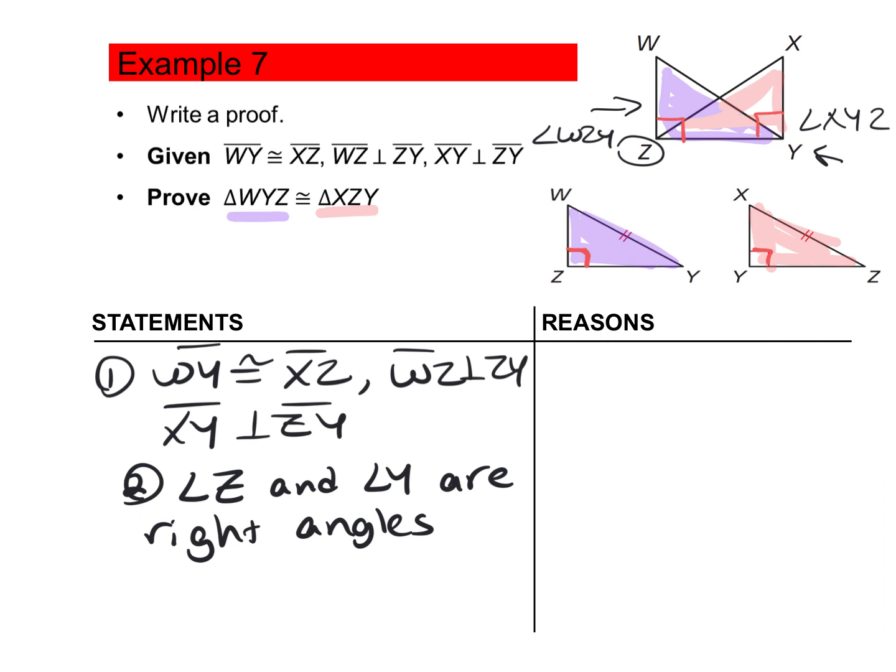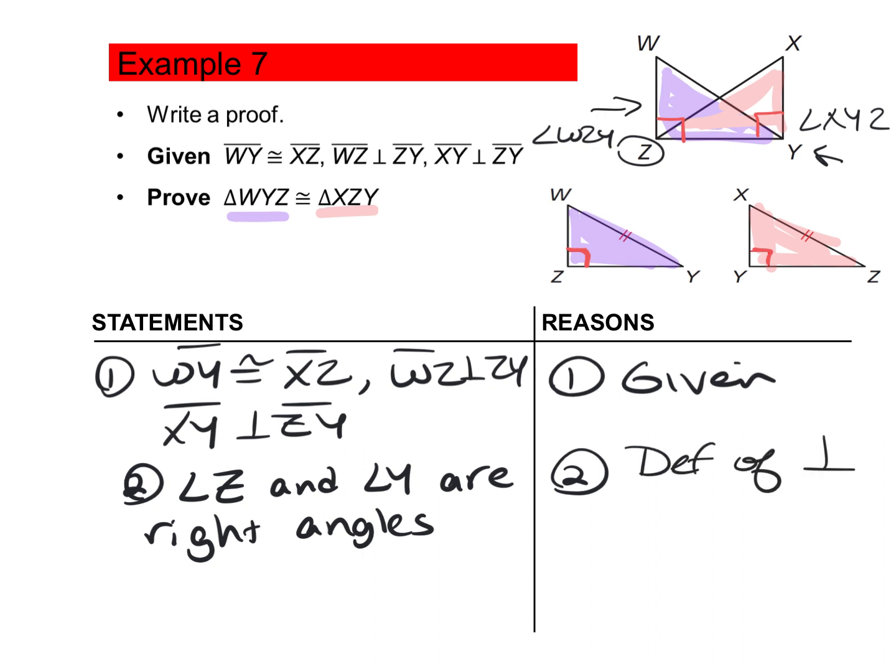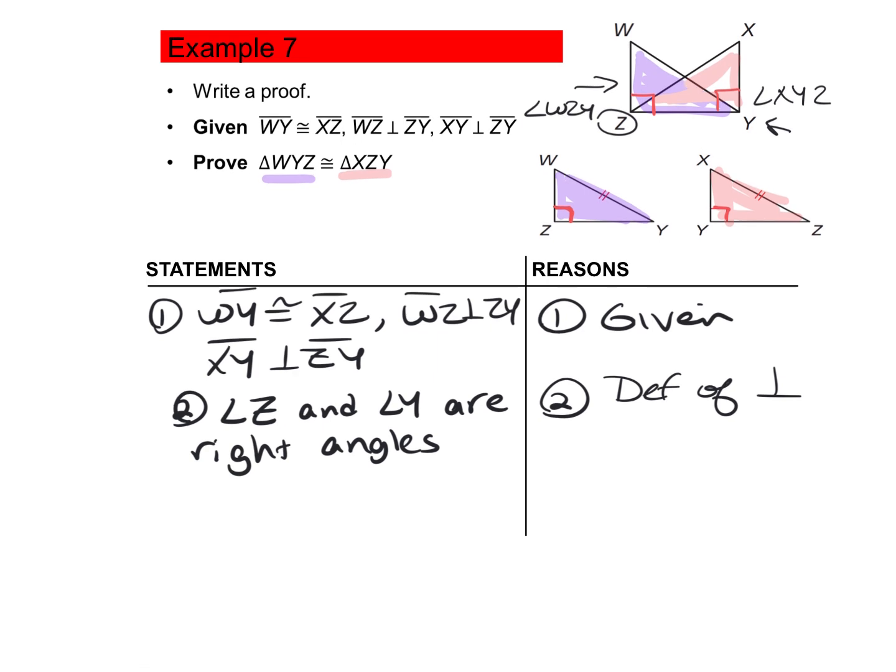So if you don't pull it apart, then you're going to have to name it with three letters. So number one was given. Number two, the reason why I can state that these are right angles is the definition of perpendicular lines.